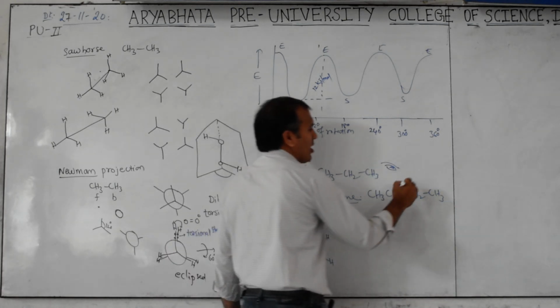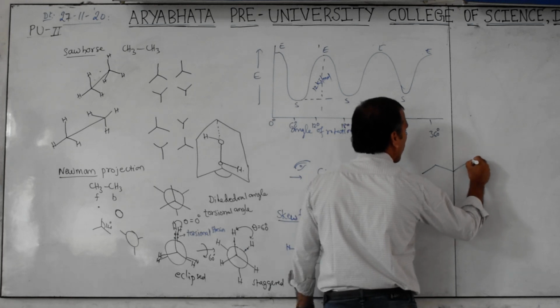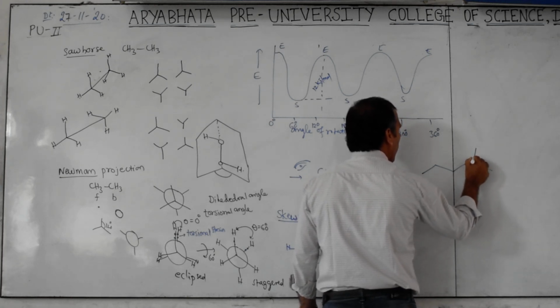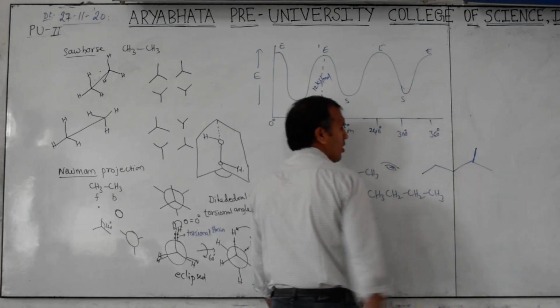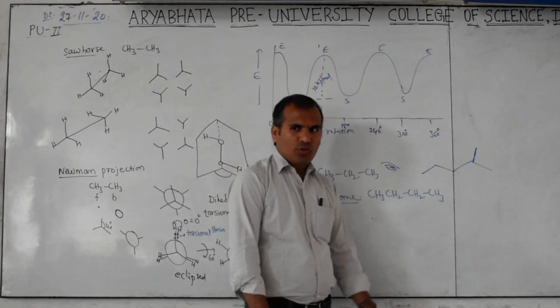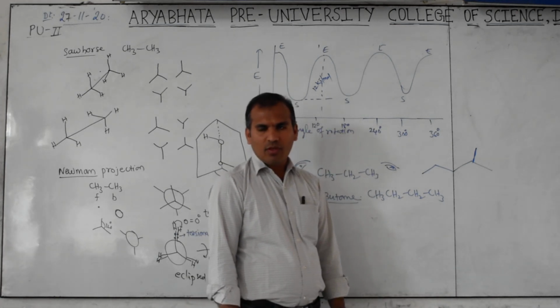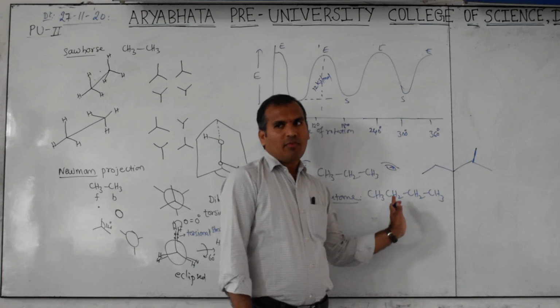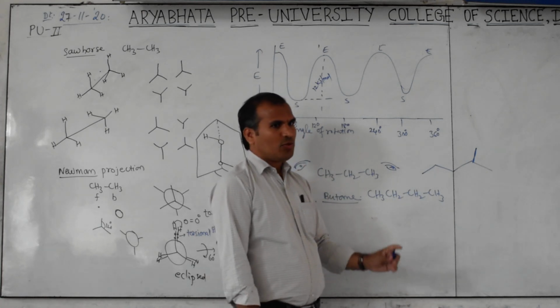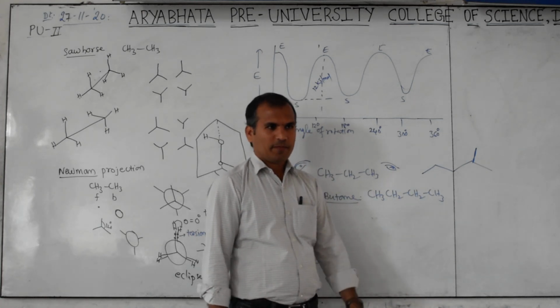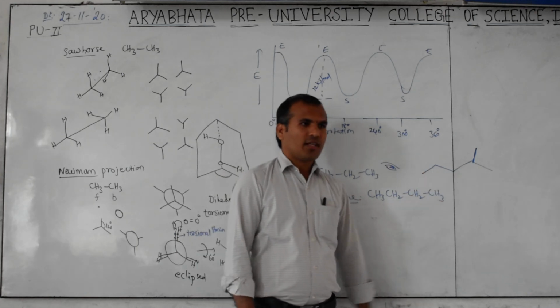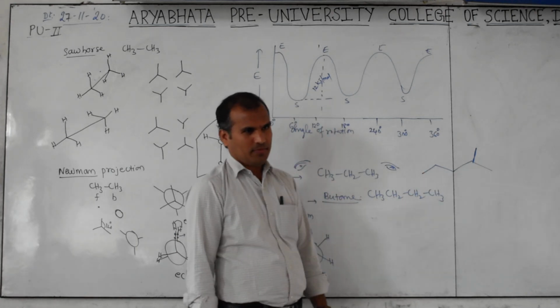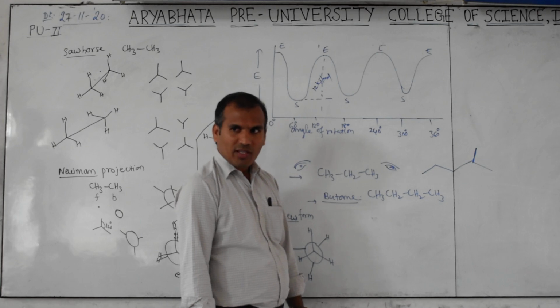And one more homework I am giving for you. What is the name of this compound? 2-methyl pentane. How many possibilities are there to choose a CC single bond? 5.